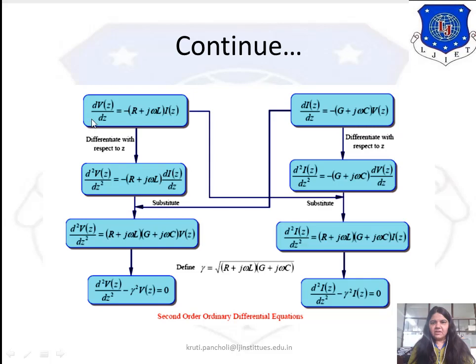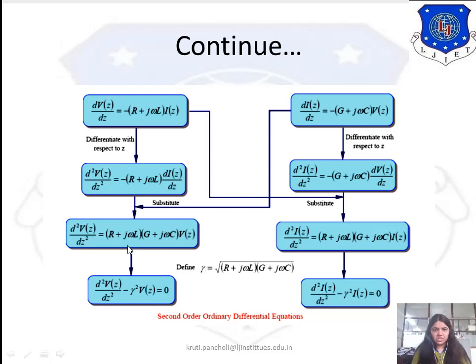We again differentiate with respect to z, that is d square Vz upon dz square is equal to minus (R plus j omega L) dI by dz. By putting the dI by dz value, we get this equation, and similarly we get the second order differential equation.